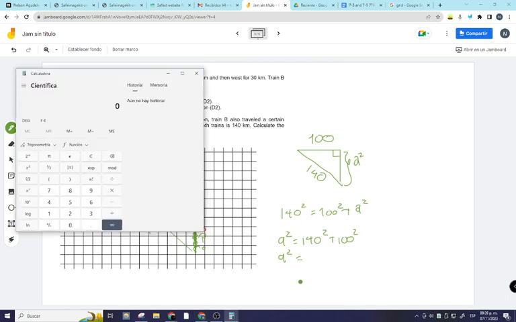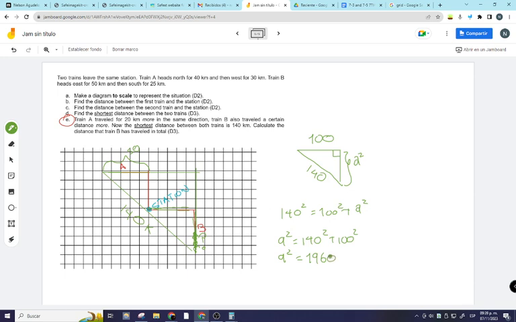Let's do it with the calculator. Wow, 19,600. And 100 squared is 10,000. Okay, so a squared is 9,600. And a is the root of that.